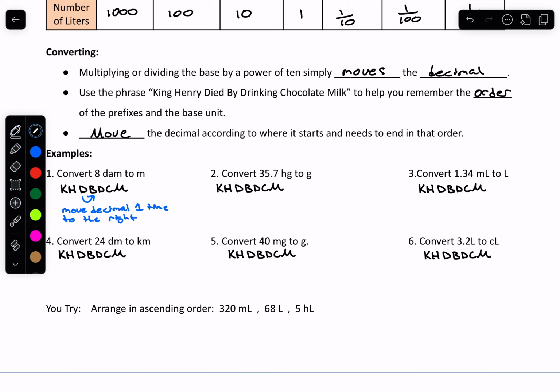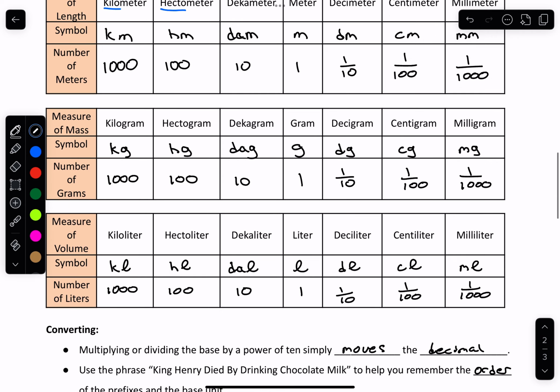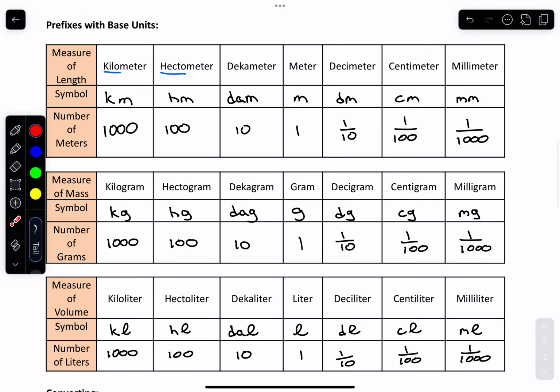So we're going to take the number 8 and we're going to convert it to be 0.8. Oh, sorry, I went the complete opposite direction. So we're going to take the number 8 and we're going to convert it to be 80, and this is going to be meters. So 8 decameters is 80 meters because we saw up here that a decameter is 10 meters.